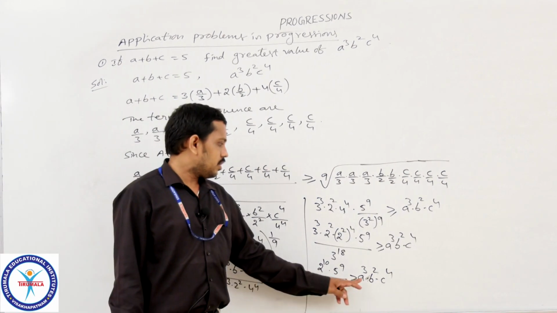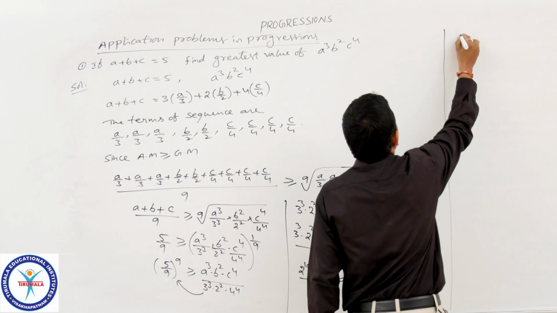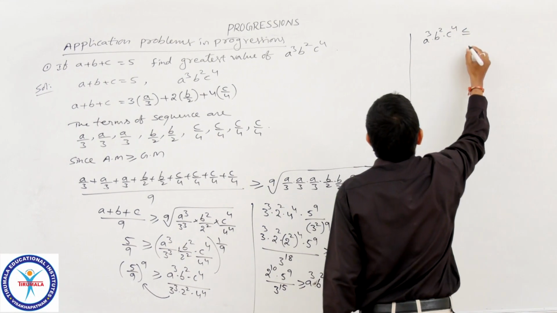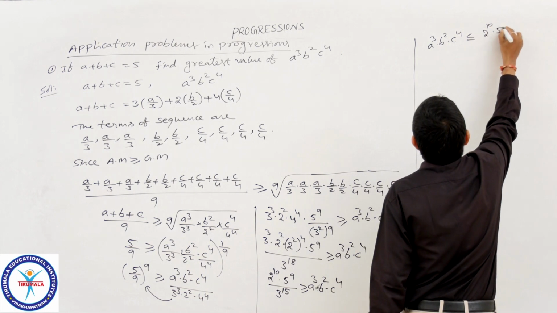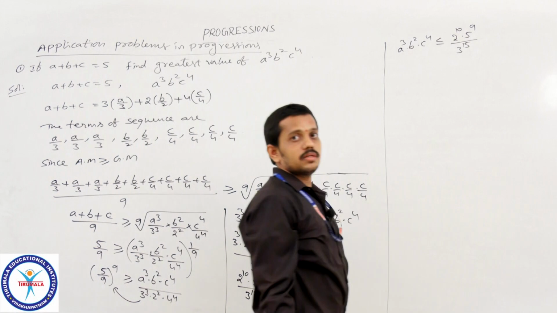So therefore a cube into b square into c power 4 is less than or equal to 2 power 10 into 5 power 9 by 3 power 15.